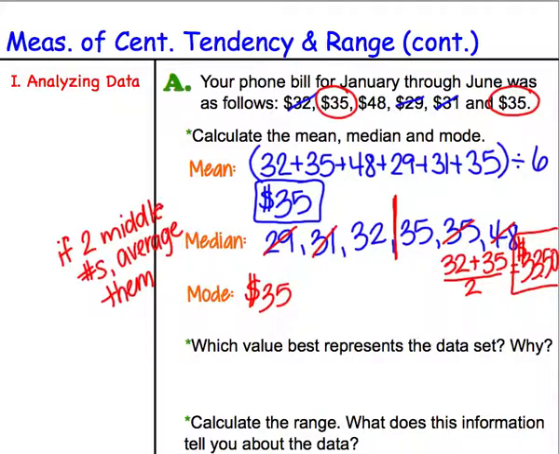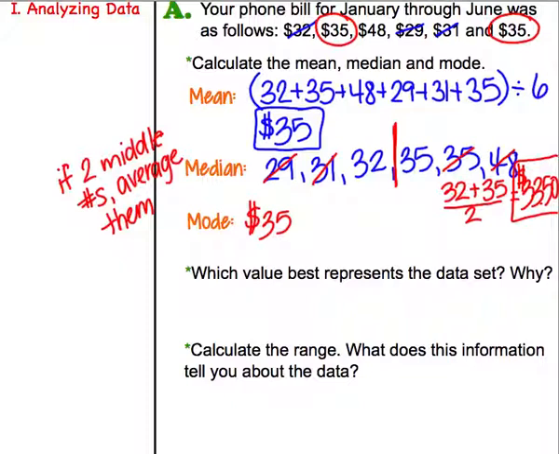So now my question is, which value best represents the data set and why? Now when I look at this, I see that I got, for the mode and the mean, data values that are exactly the same.